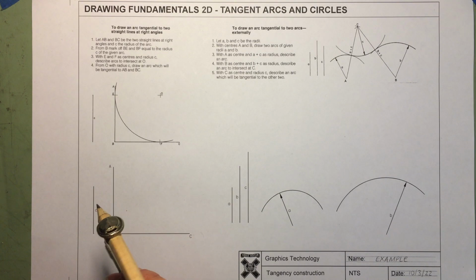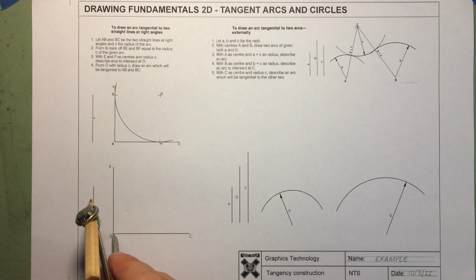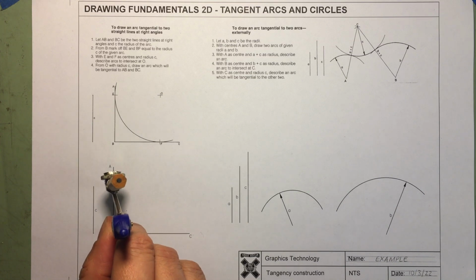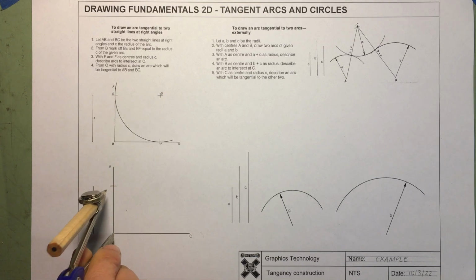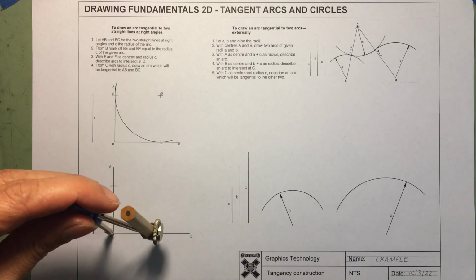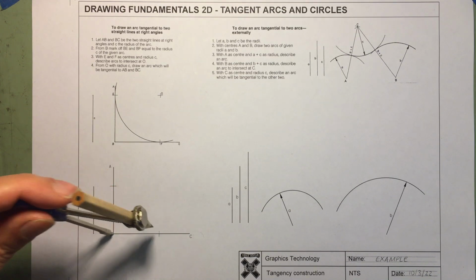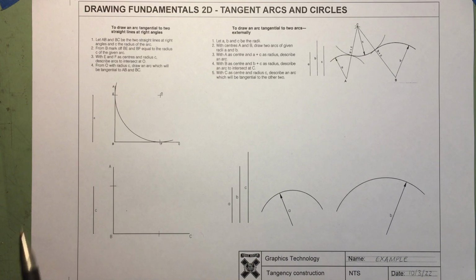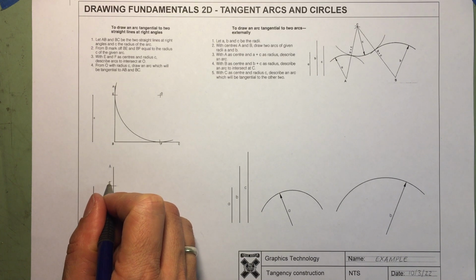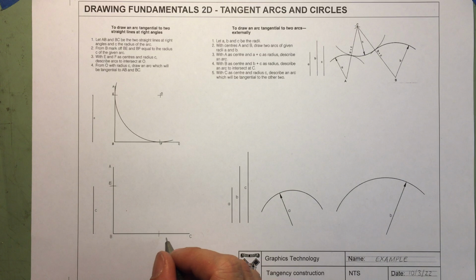Now I'm going to mark from B that distance up away on that line. I'm going to mark that distance there and that same distance there. Now those new points, this is point E and this is point F. So we've got our two new points.